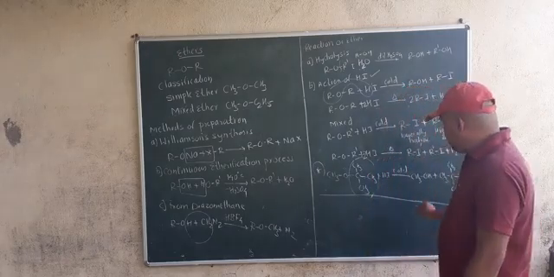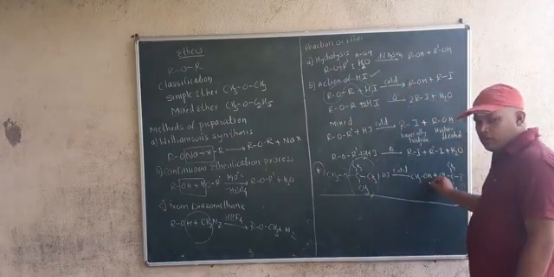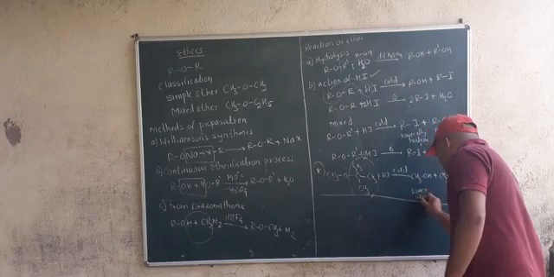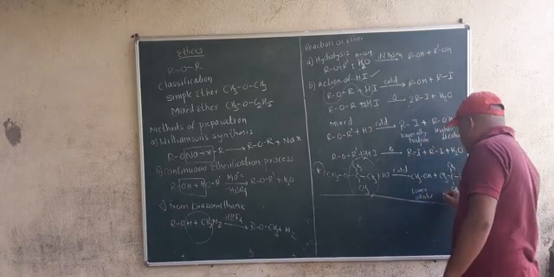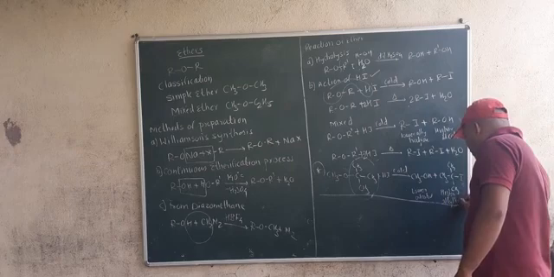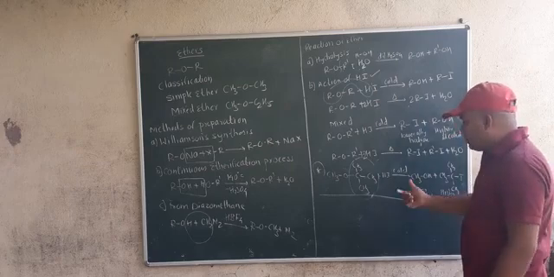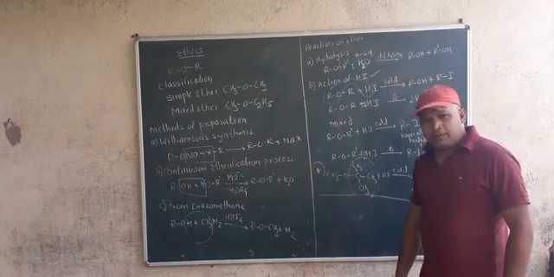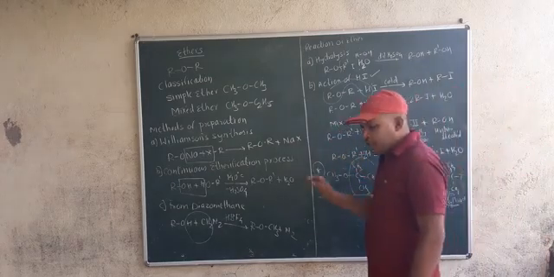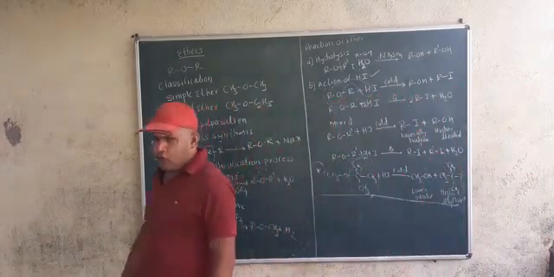Now we will get the lower alcohol and higher alkyl halide. Only in case of tertiary you need to remember, you will get the higher alkyl halide and lower alcohol. Okay, so students, this is mostly all the things of ether.